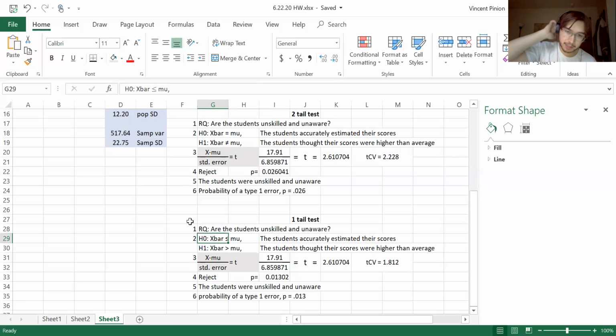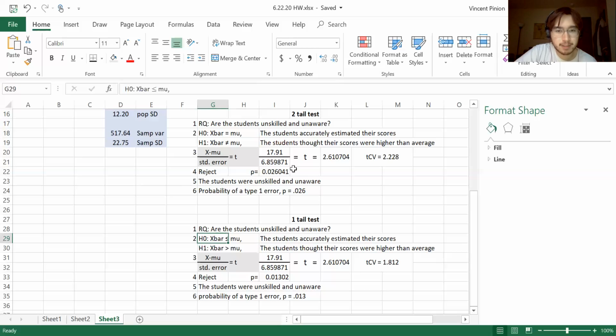Some of this might be explaining too much. I'm just trying to hit it all. And I've battled back and forth over whether you should change the verbal, specific-within-context interpretation of the symbolic hypotheses based on whether there's a one- or two-tailed test.